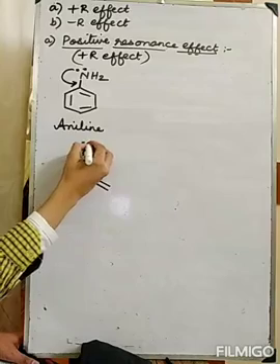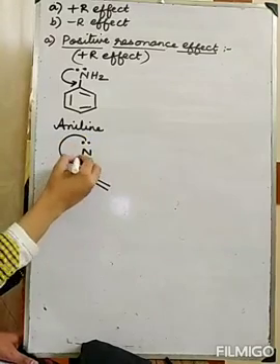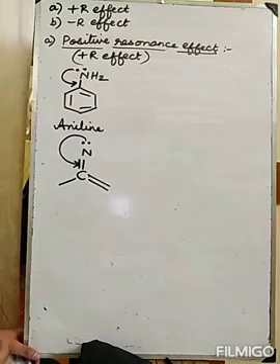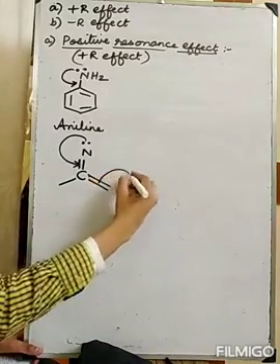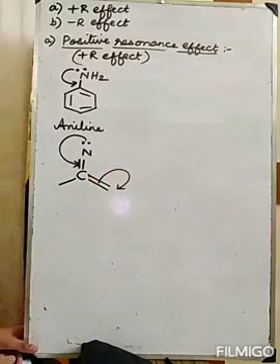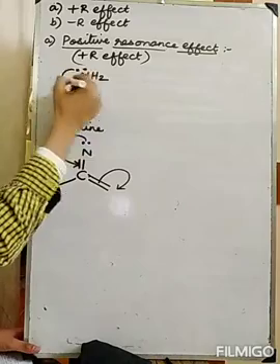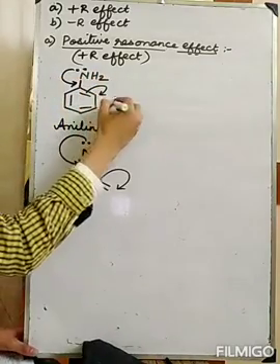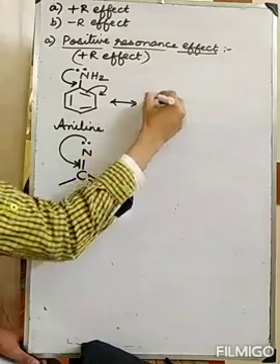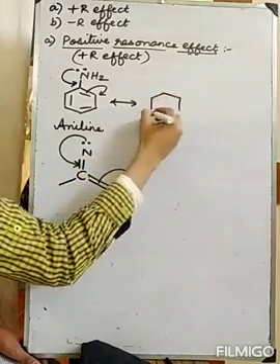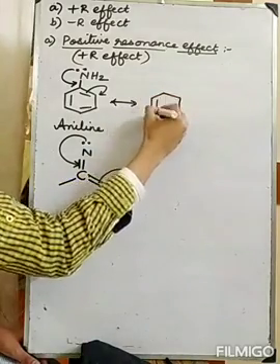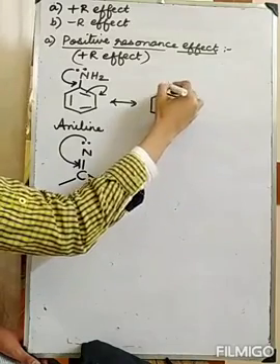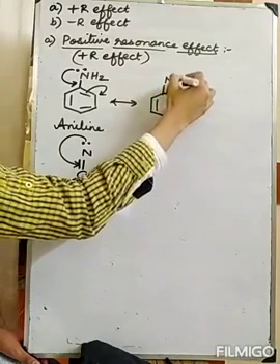Now if this electron comes here and forms a double bond, what will happen? Carbon will get 5 bonds. So this one electron will shift to this side. When the electron comes here, this electron will shift here, and you will get a structure like this. Here you will get a negative charge, and this will become double bond NH2.